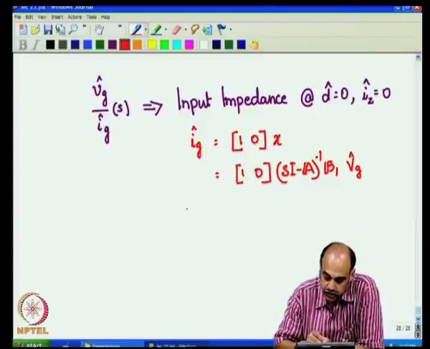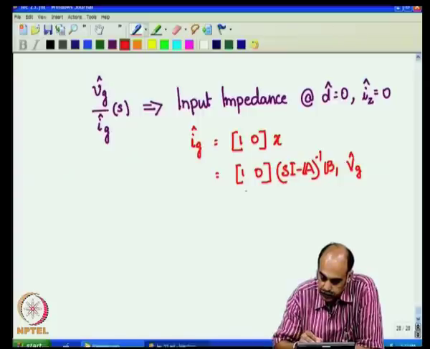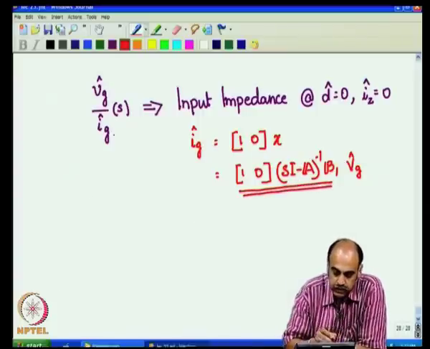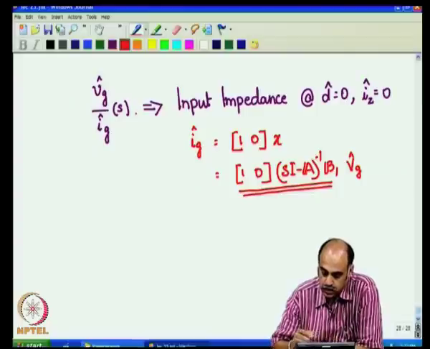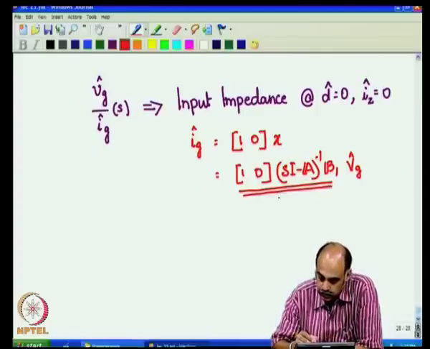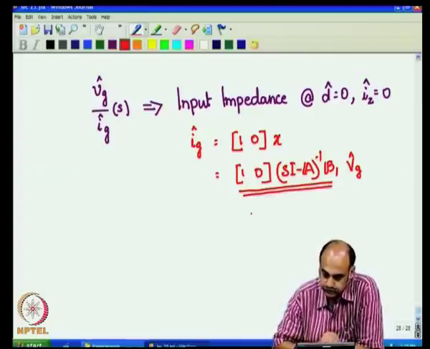So, Ig by Vg hat is obtainable by this. Inverse of that will give you the input impedance. So, this would give the input admittance.